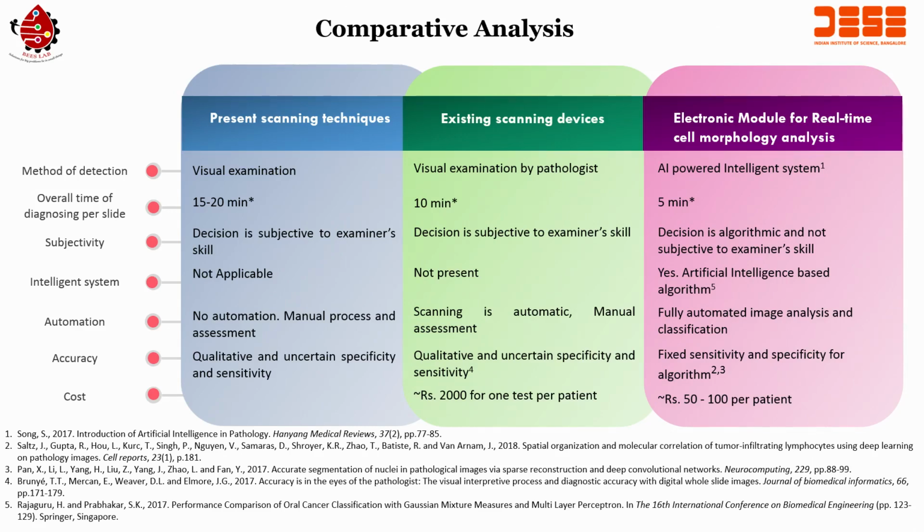You can also understand how to compare oral cancer classification with Gaussian mixtures using multilayer perceptron, and a lot of other stuff. If you get a chance, please access these research papers, 5 in number, for you to see.